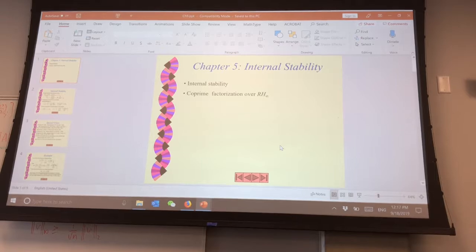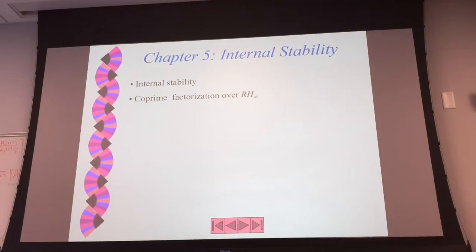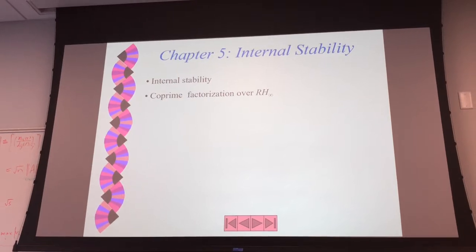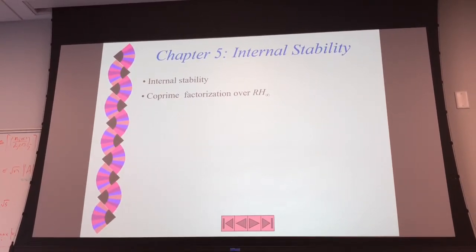Last time we started with internal stability. Okay, so we have heard about well-posed control systems. You must not have pole zero cancellation where the pole is unstable.